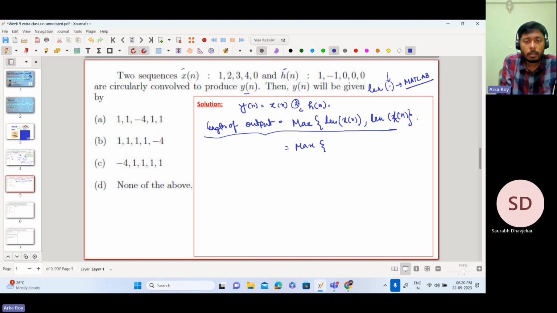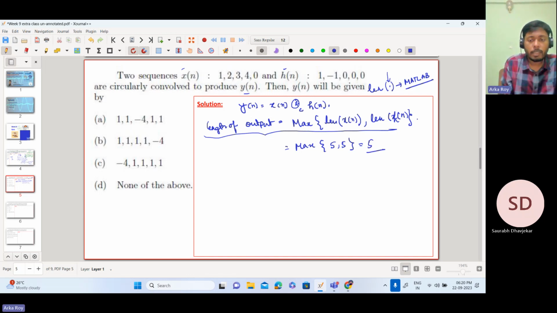The number of samples in x(n) is 1, 2, 3, 4, 5, and in h(n) also 1, 2, 3, 4, 5. So this is just max of 5, 5. The lengths are equal, so the length of the output will also be 5.